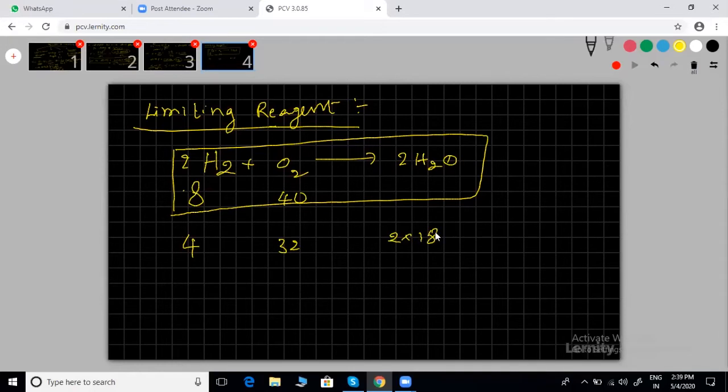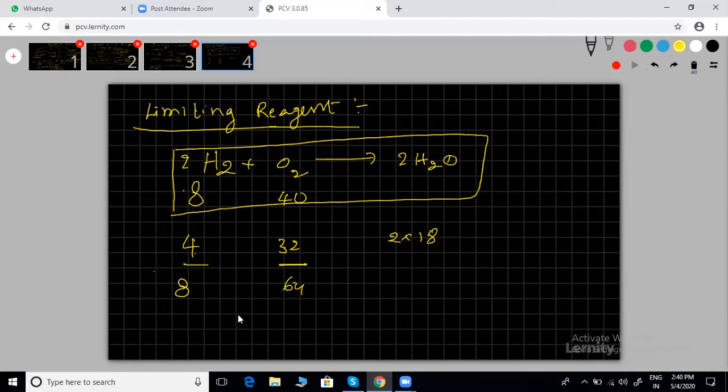So 4 grams of hydrogen is required to react with 32 grams of oxygen, forming 2 into 18 grams of water. But in the question, 8 grams of hydrogen is given, so it is double, and the oxygen required is double of 32, that is 64 grams.